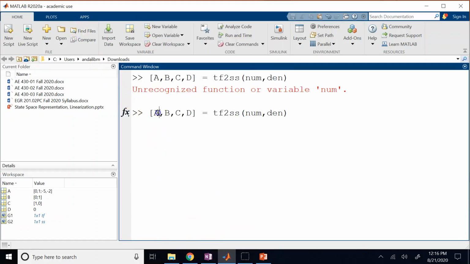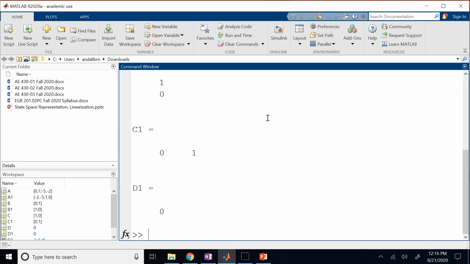I call them A1, B1, C1, and D1 so that I don't mix them with those ABCDs. The numerator was 1, and the denominator was 1, 2, and 5, for G1.